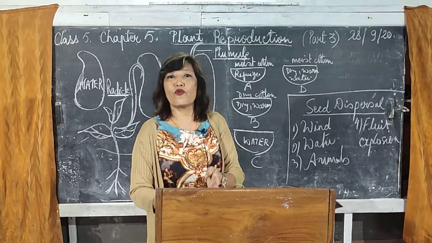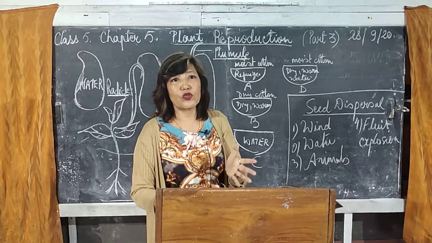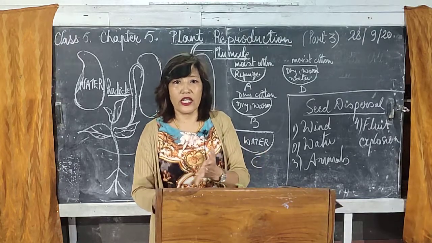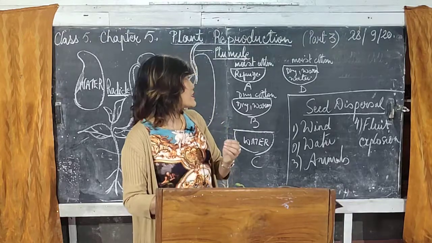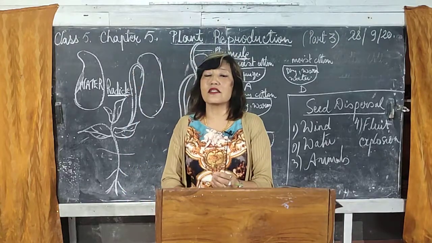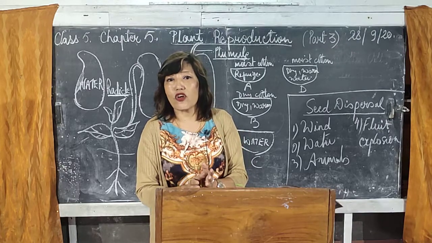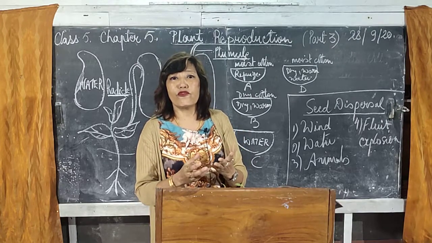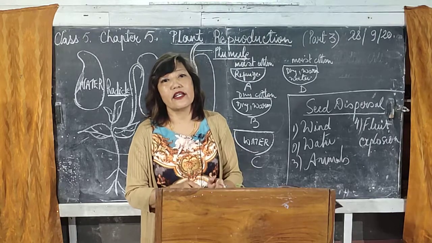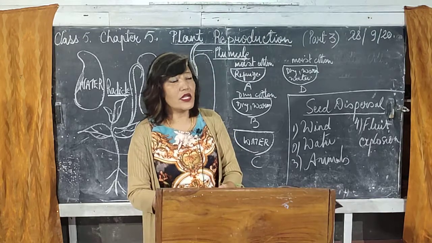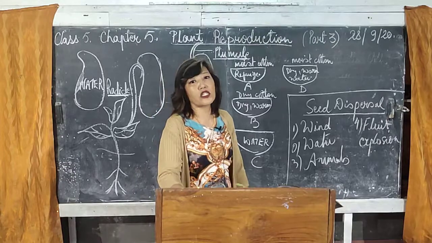When they are blown away by the wind, these parachutes help them to float in the wind. And the second example of such seeds is maple seeds. Maple seeds have a winged-like structure which helps them to float in the wind when they are carried away by the wind.